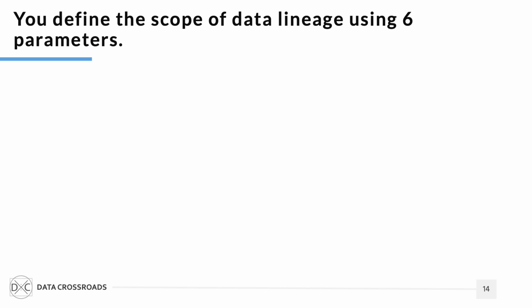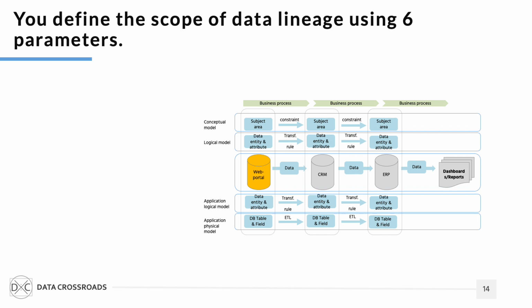To define the scope, we will use the model of data lineage discussed earlier. If you recall, we spoke about the horizontal and vertical data lineage. Horizontal data lineage shows the movement of data between applications. You can document horizontal data lineage at one or more levels of data model: conceptual, logical, and physical.